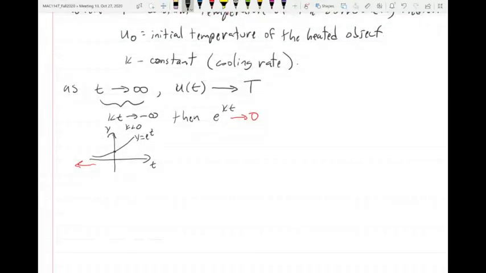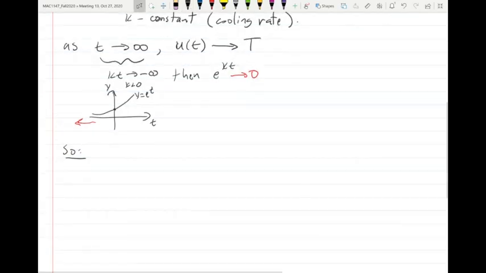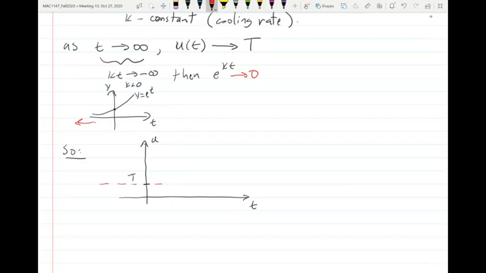But basically, the model, the way u of t is going to look, is the following. Here is t and u, not x and y. So here's t, here is u. Let's say here we have the room temperature, let's call it capital T. This is going to be a horizontal asymptote of the graph of the function.